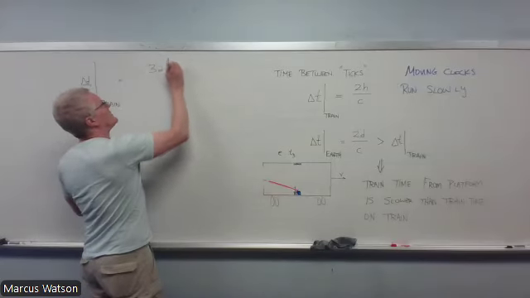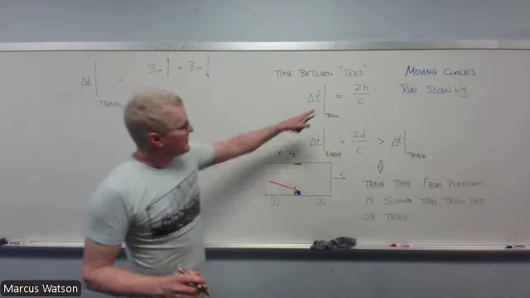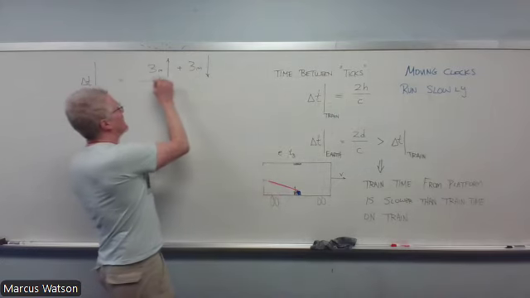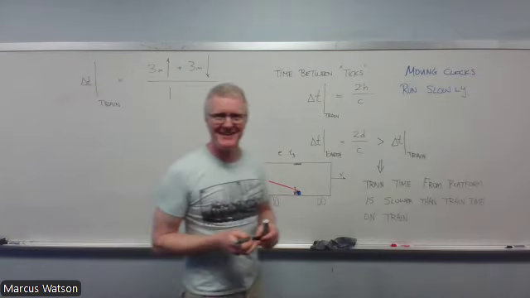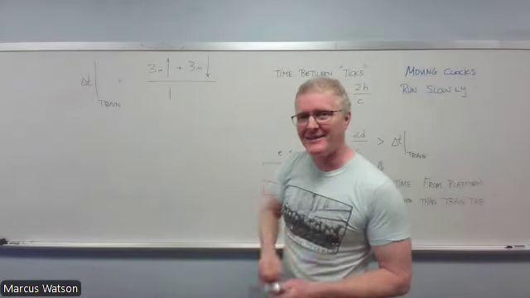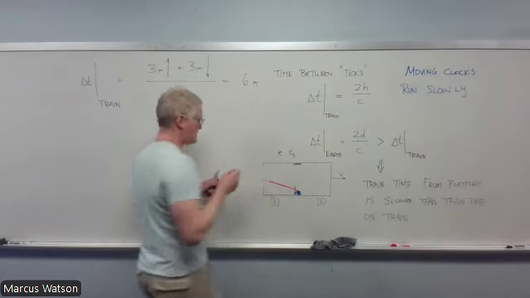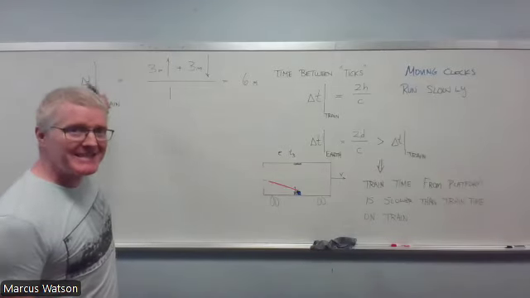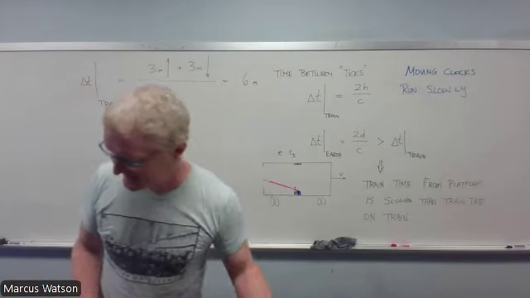Okay, fine. 3 meters up plus 3 meters down, that's 2h. Got to divide by c, but guess what? c is equal to 1. Isn't that great? This is why you love c being 1. So it's 3 plus 3 divided by 1. That's equal to 6 meters. Yes, 6 meters. That is a delta t.